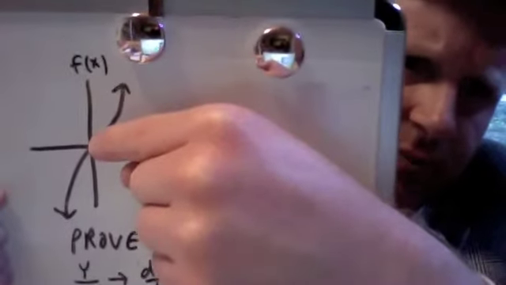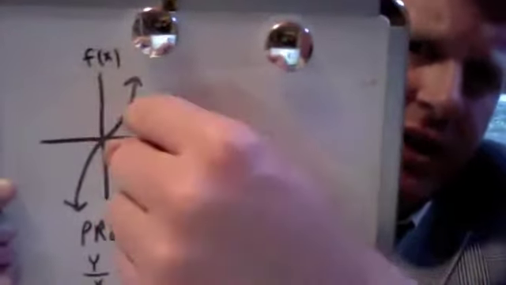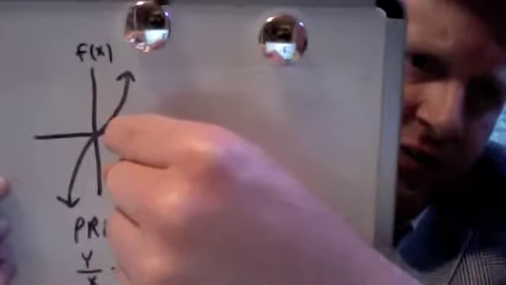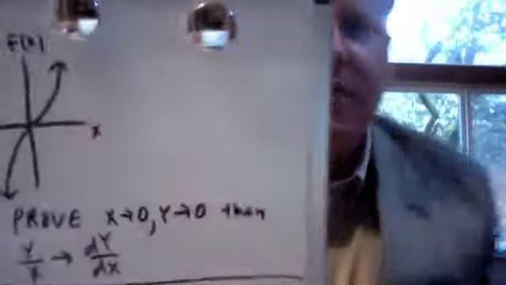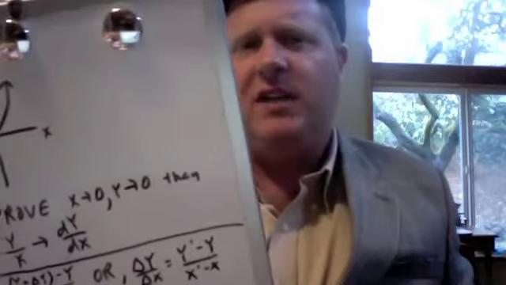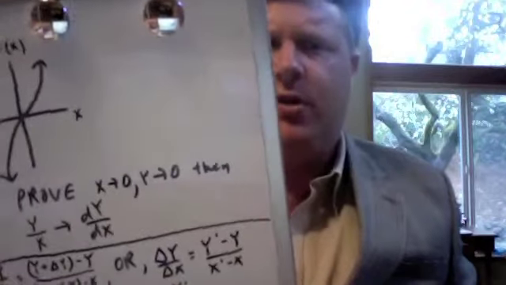Take the y and x value of that infinitesimal point. The y over x would really be the same as the slope of the line that we would call dy dx through the origin. So if you think about it, that's true as we approach the origin more and more.